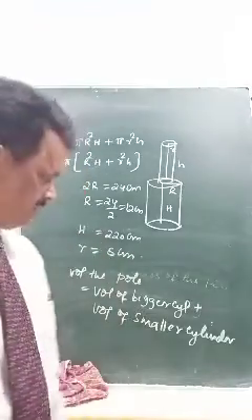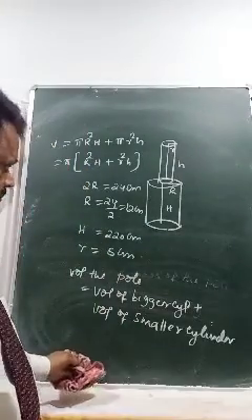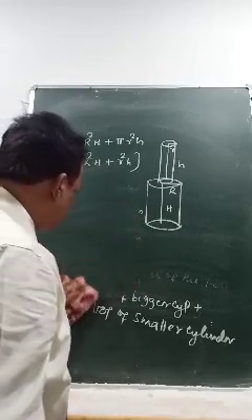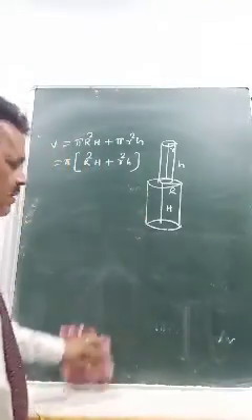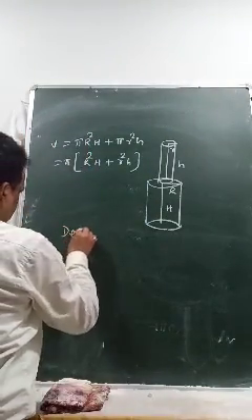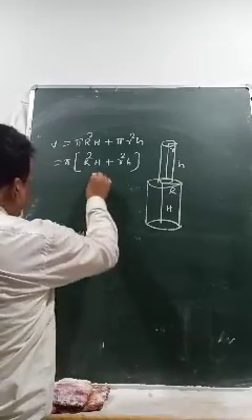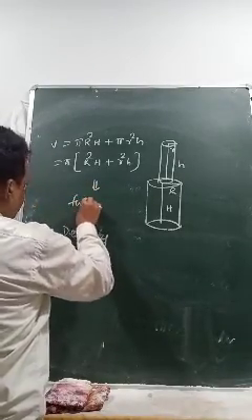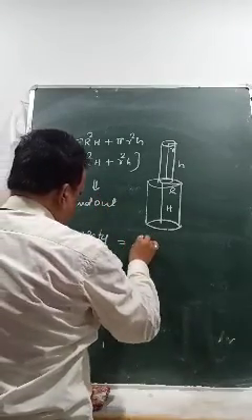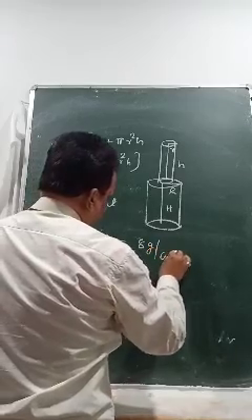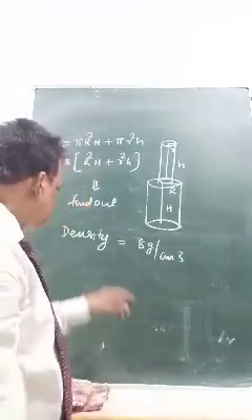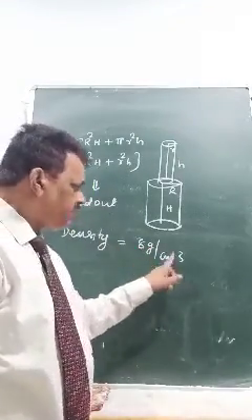Okay. Now density is given. 1 centimeter cube has 8 gram mass. Means density, you find out this. Density equals to 8 gram per centimeter cube. Is told 1 centimeter cube weighs 8 gram mass. So density is mass by volume.